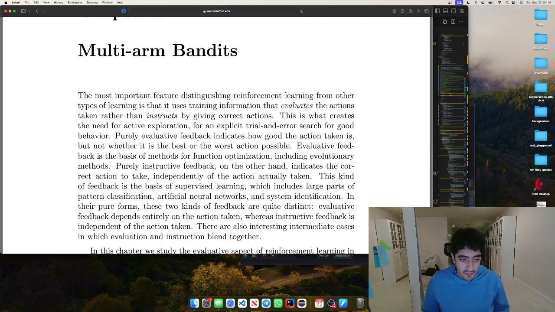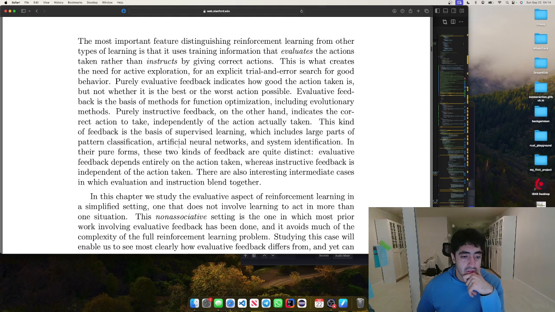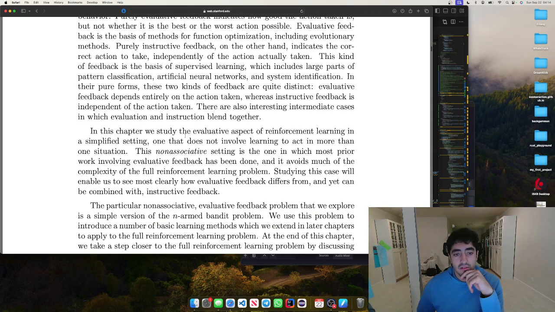Evaluative feedback depends entirely on the action taken, whereas instructive feedback is independent of the action taken. There are also interesting intermediate cases in which evaluation and instruction blend together. In this chapter, we study the evaluative aspect of reinforcement learning in a simplified setting, one that does not involve learning to act in more than one situation.